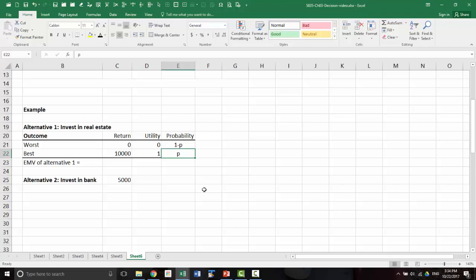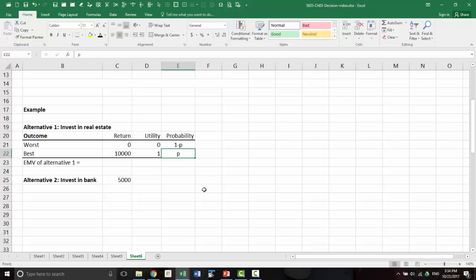If you're completely risk averse, of course, you're going to want p equal to 1, but most people are not like that. So if you're risk averse but willing to take a little bit of risk, maybe you would find 0.7 or 0.8 an acceptable level of risk, and then you say, all right, that's when you're indifferent between these two alternatives.